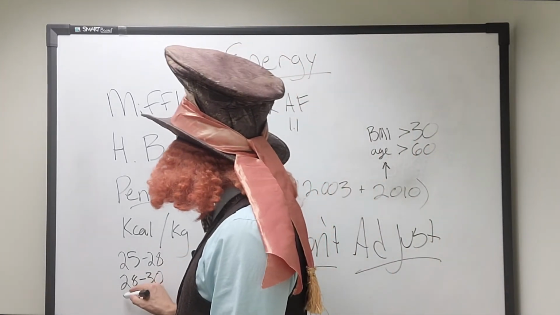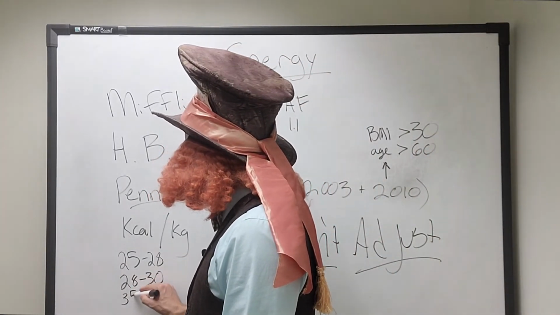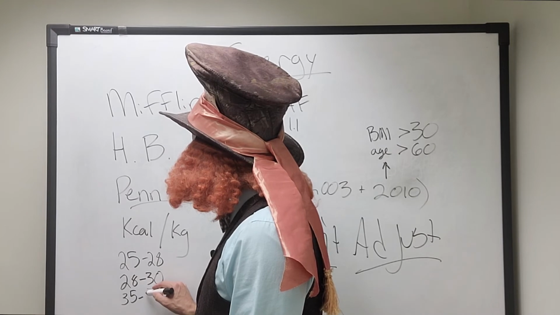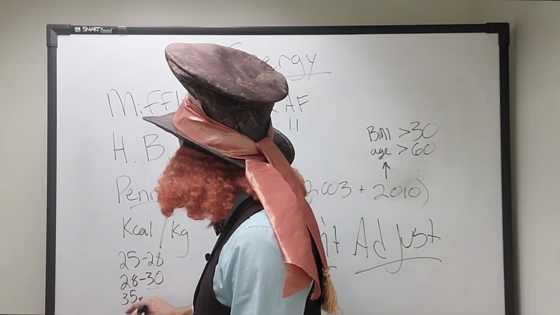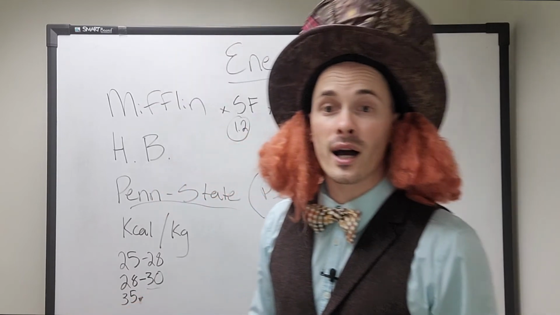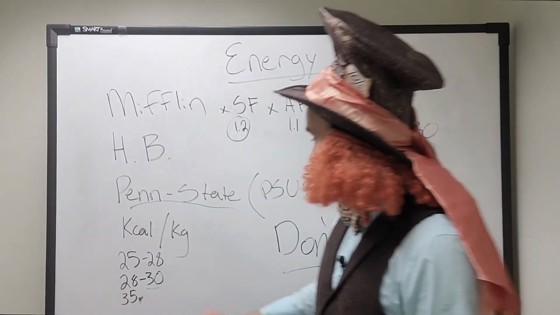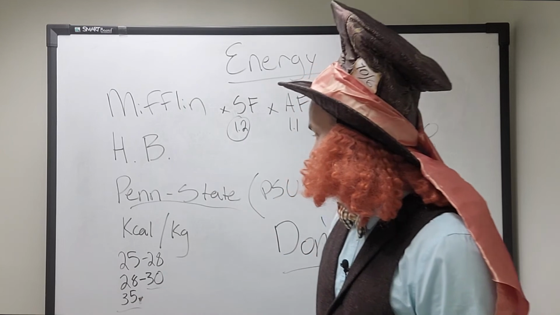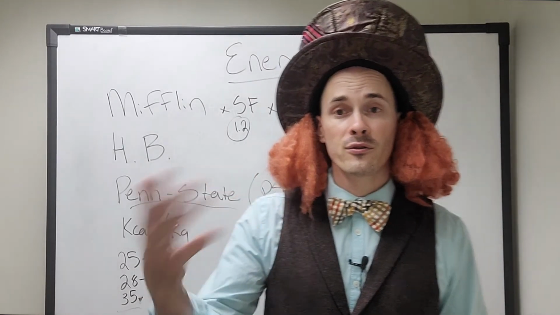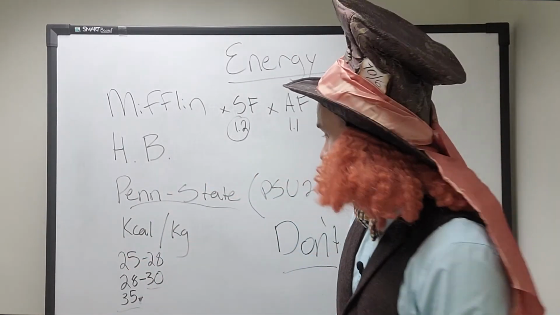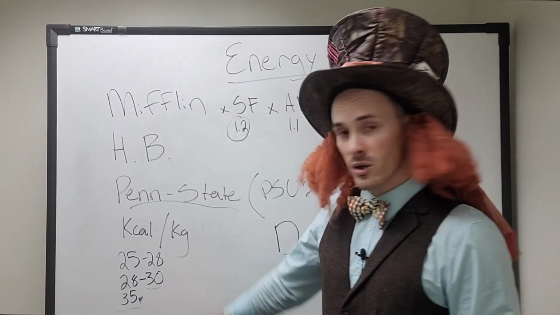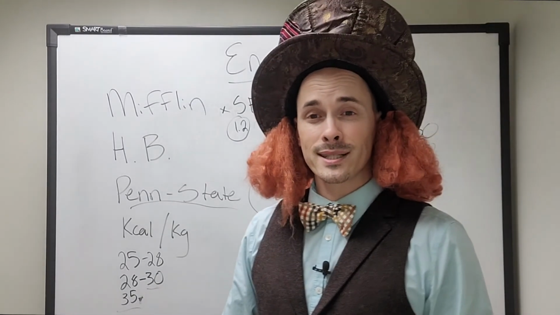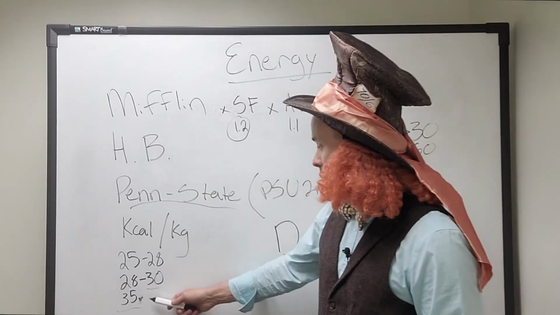And then you can even go higher depending on if your patient doesn't weigh that much and you're using their actual body weight. Then 30 to 35 is what I would use for them. So for example, if you have a 50 kilogram patient, they'll need about 1,500 calories here and maybe closer to 1,700 to 1,800 calories if you go higher.